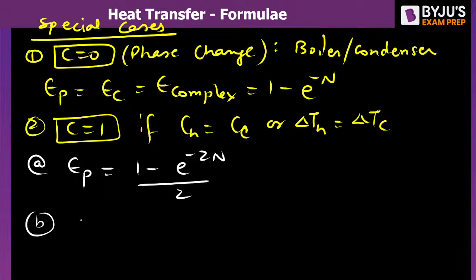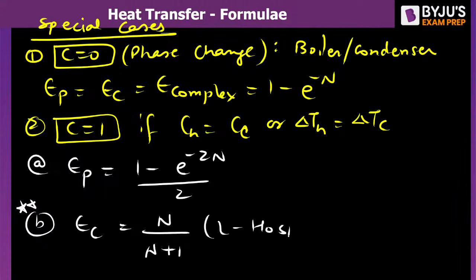But effectiveness for counter, that is calculated from L'Hospital rule, that is N upon N plus 1. That is calculated by L'Hospital rule. This is important. If C is equal to 1, if CH is equal to CC or delta TH is equal to delta TC.